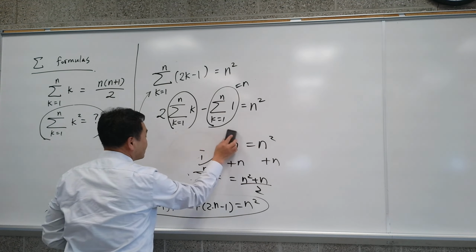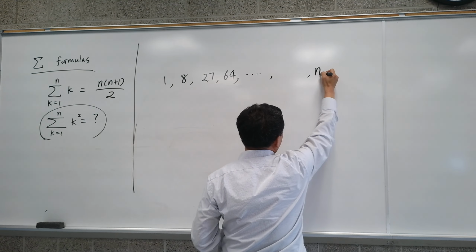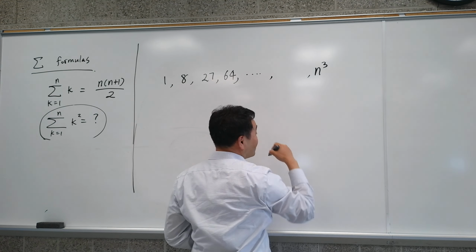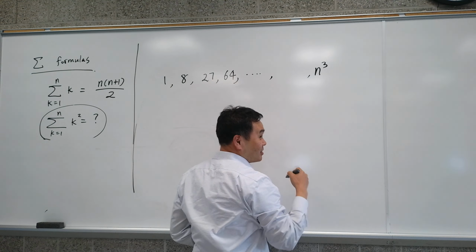1, 8, what's next? 27. And then you do the cube. The cube numbers, right? 64. And the last one should be n cubed. What's one before it? N minus 1 cubed.